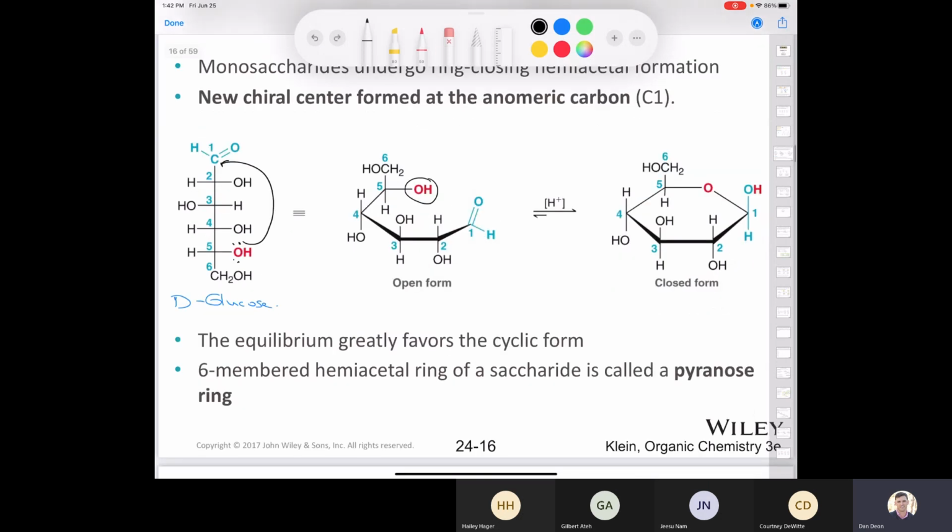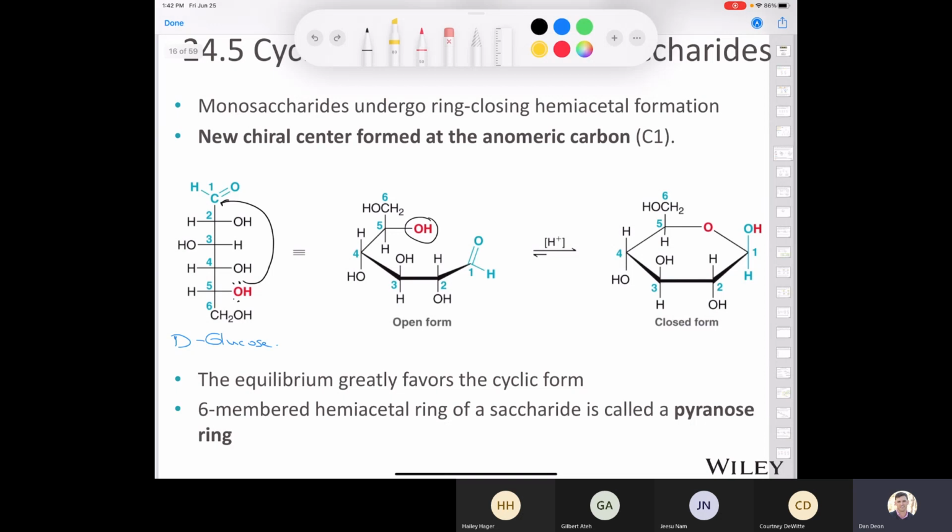If you look at this Fischer projection here, it's not clear that this and this are close to one another. But when you draw it in this conformation that's shown right here, you can see that they're pretty close, enough to do this, for the lone pair to come in here like this, and then we do a proton transfer, and we end up with a closed form. And we call this a pyranose.